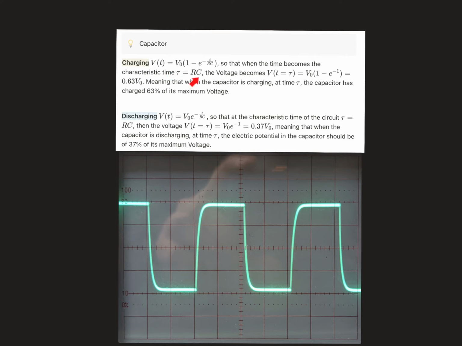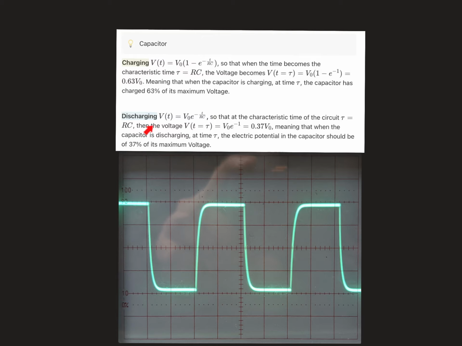When time is equal to this characteristic time tau, the voltage during charging is equal to 63% of the maximum voltage, meaning that at that specific time tau, the capacitor has charged 63% of its maximum voltage.